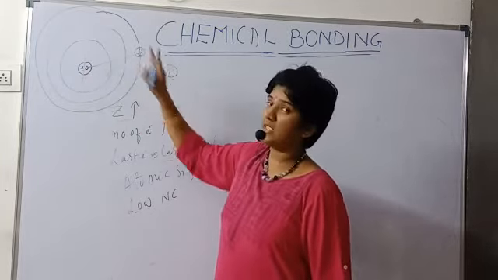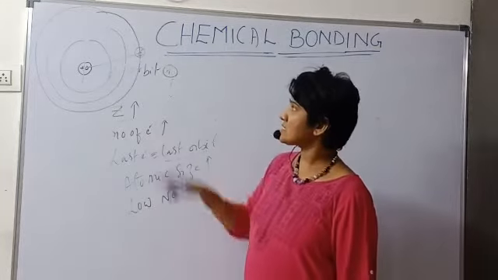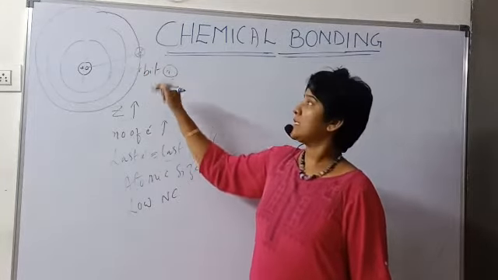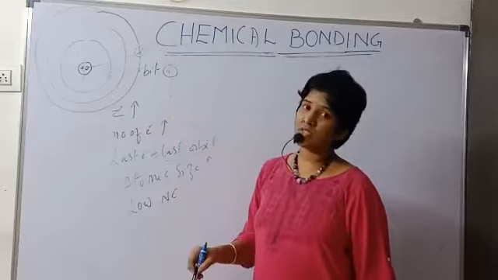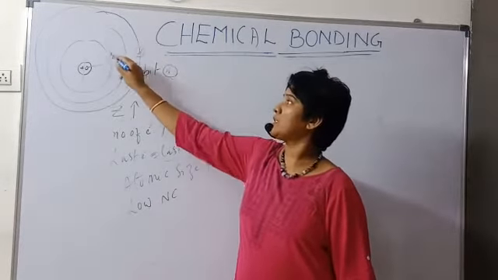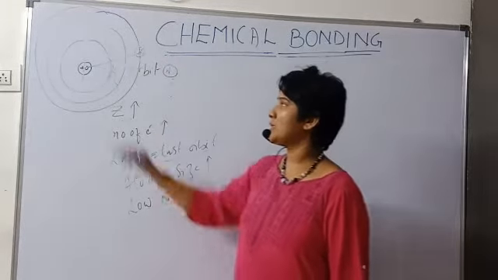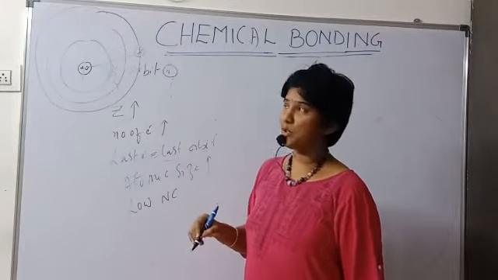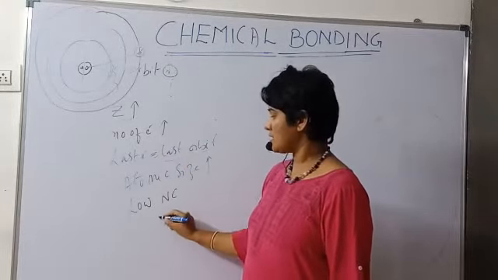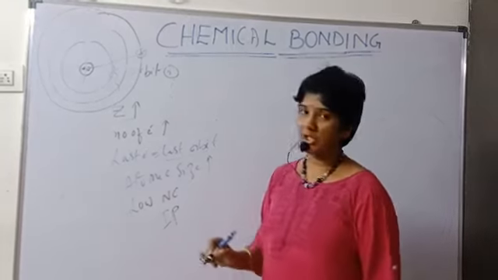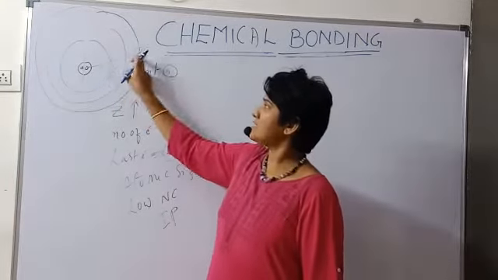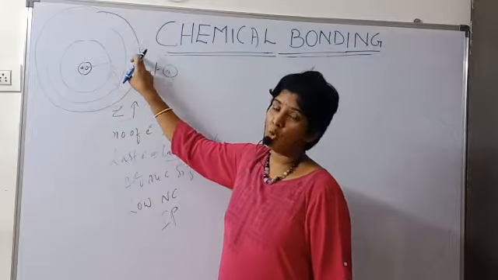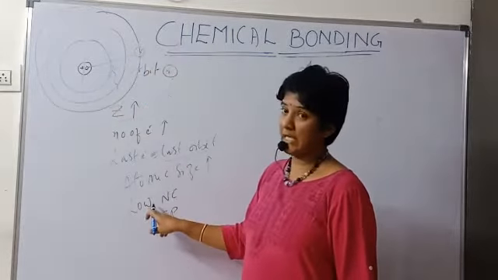the distance from the nucleus increases, the attraction decreases. So in this case, you learned that to remove this outermost electron, you have to break down the attraction between the nucleus and electron, which is known as ionization potential. So if the size of the atom is more, the nuclear charge is less.